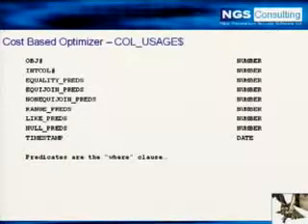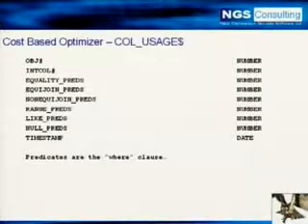If we describe the call usage table, we can see that the first column is hash, which is the object ID of the table upon which a select has been issued. The int col is the column number that was selected and so on. And these predicates here are essentially a where clause.